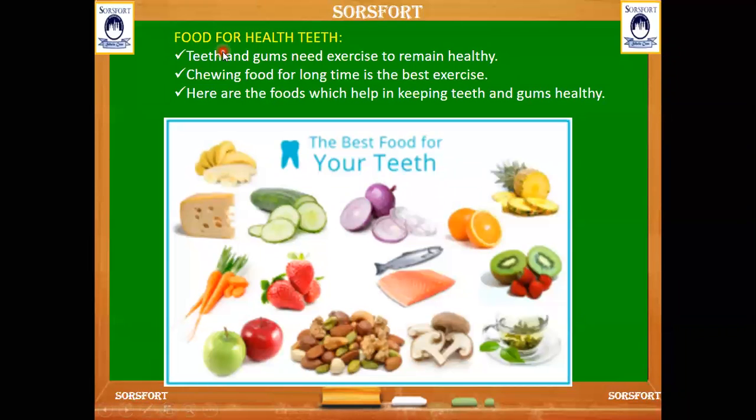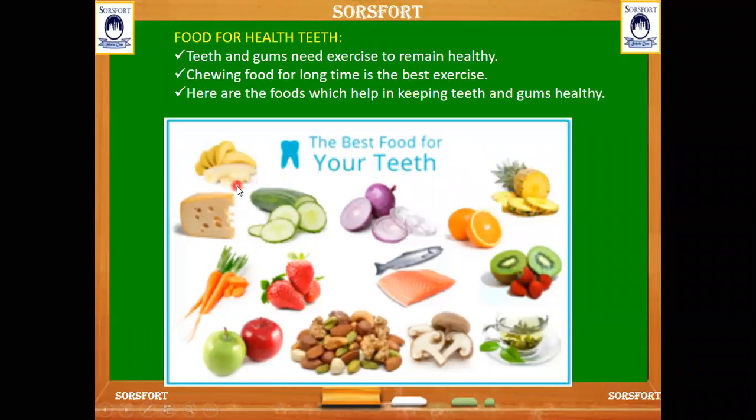And next we can see the food for healthy teeth. What are the foods to keep teeth healthy? Those are calcium and phosphorus rich foods. These are some of the foods: banana, bread, cucumber, onion, orange, pineapple, kiwis, strawberry, fish, carrot, apples, nuts, mushroom.